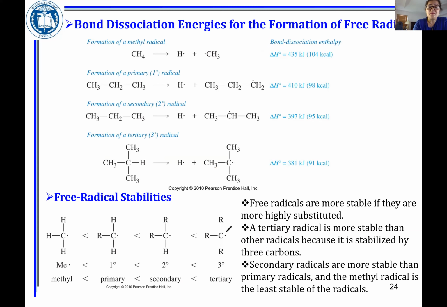Tertiary free radical is more stable, which means removing the hydrogen from a tertiary carbon is easier and requires less energy, so it's going to form faster. And if you had a choice between removing hydrogen from a primary carbon or a tertiary, the tertiary is going to be removed much faster, and tertiary would yield the major product.